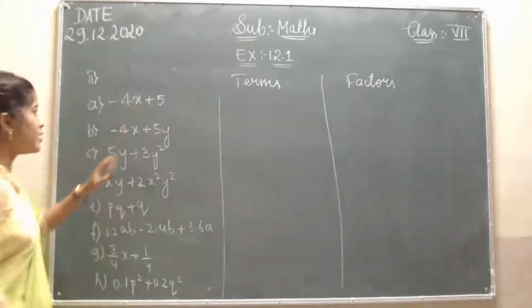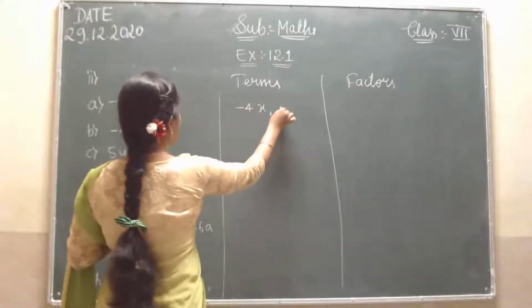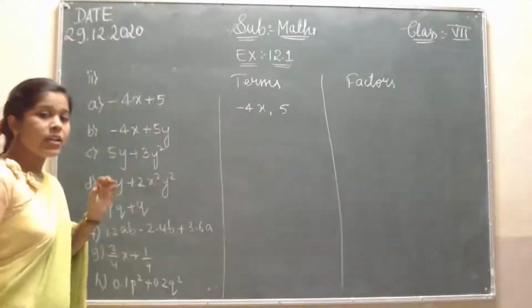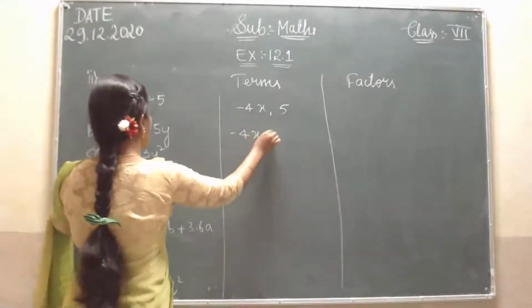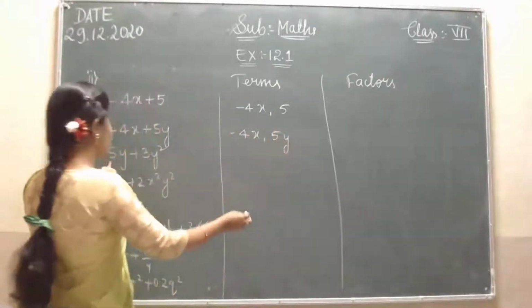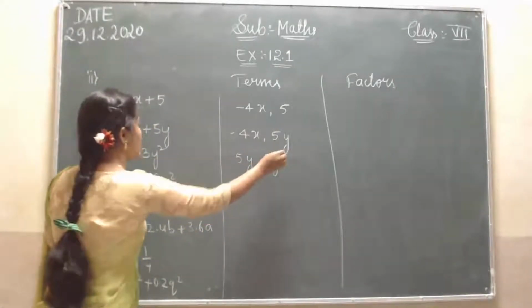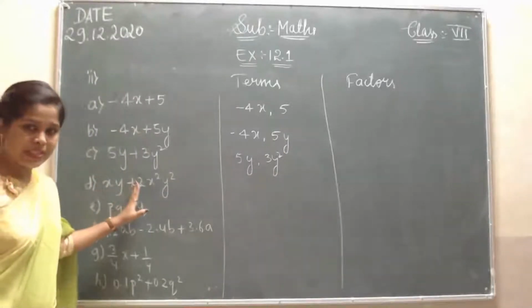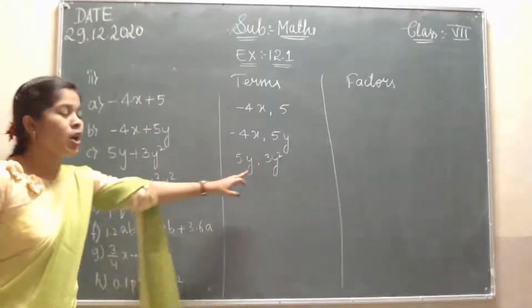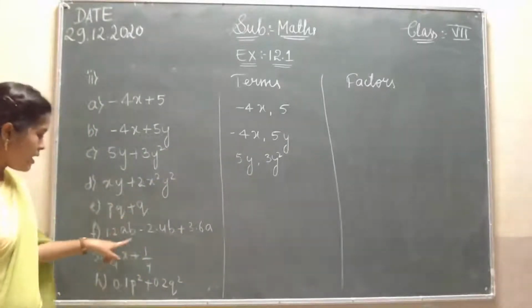So these are the terms: minus 4x, comma, 5. Next, minus 4x, comma, 5y. 5y, comma, 3y square. So we have to remove the arithmetical operations, that's it, and take commas. These are the terms, right? All terms.